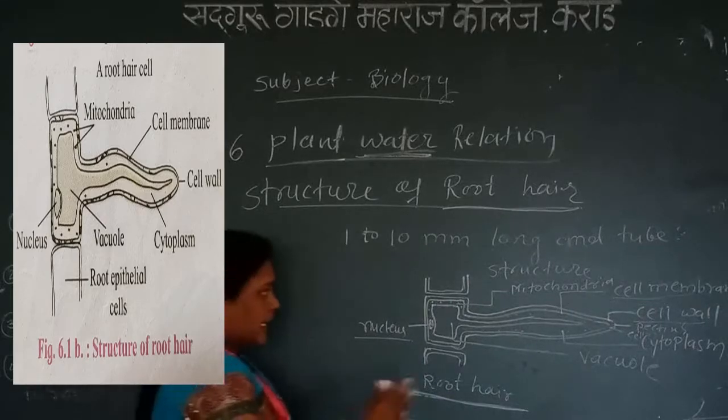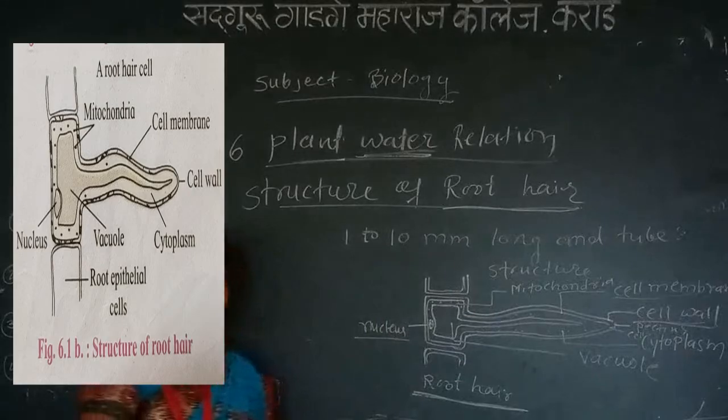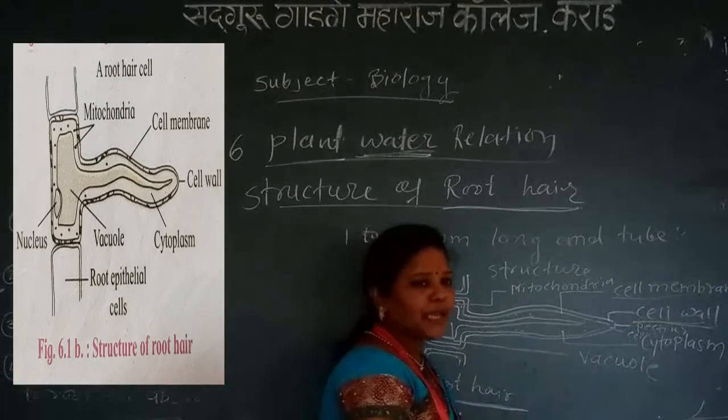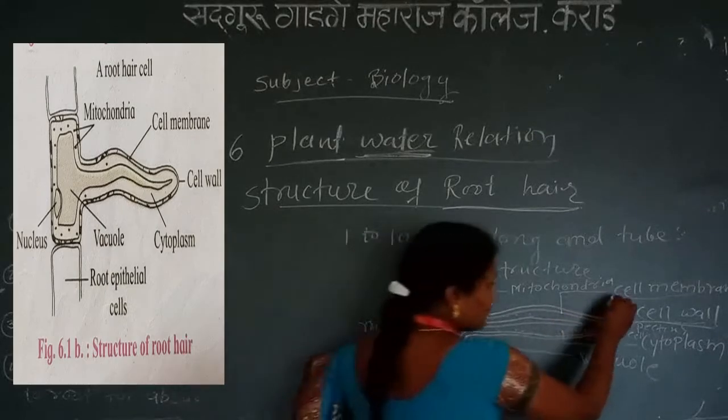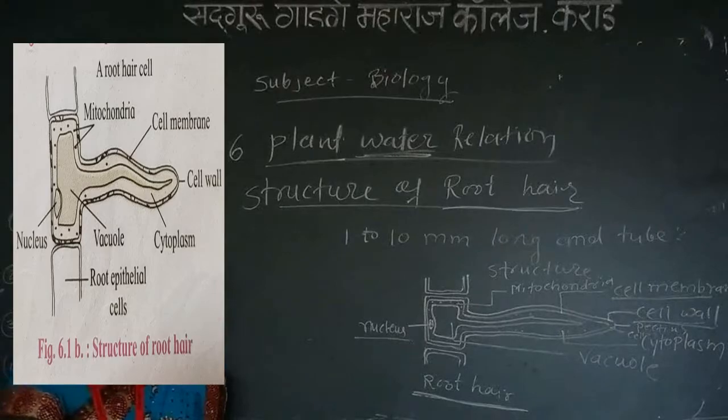Next, we come again to the cell wall. The cell wall is freely permeable and the cell membrane is a selectively permeable membrane.